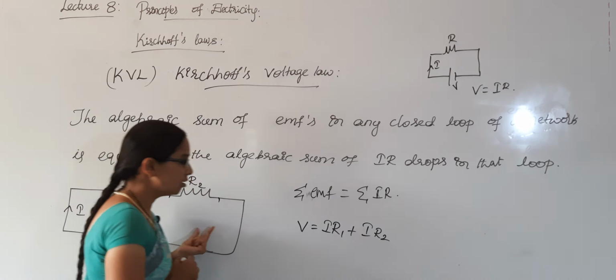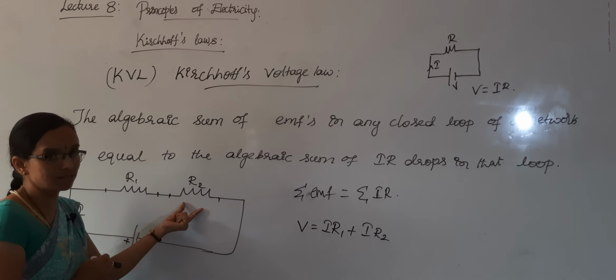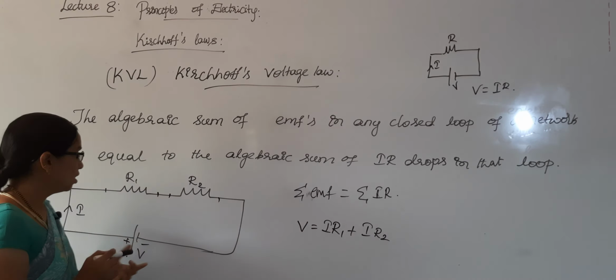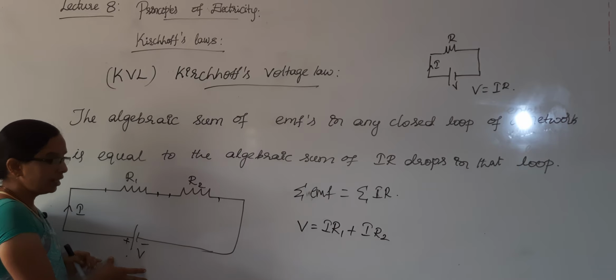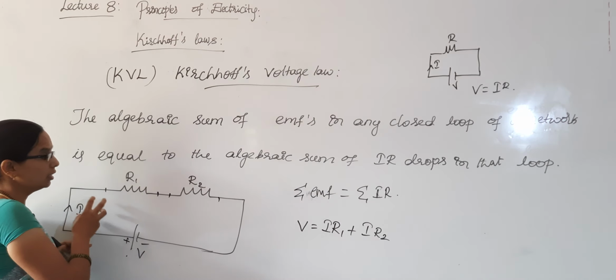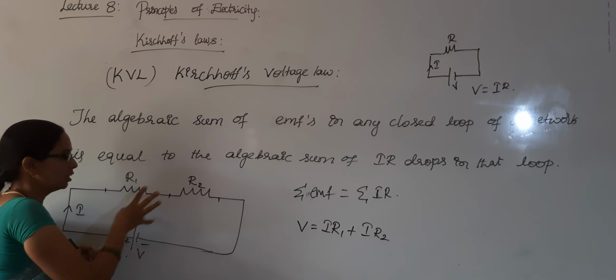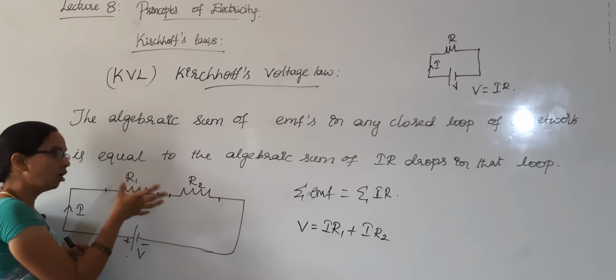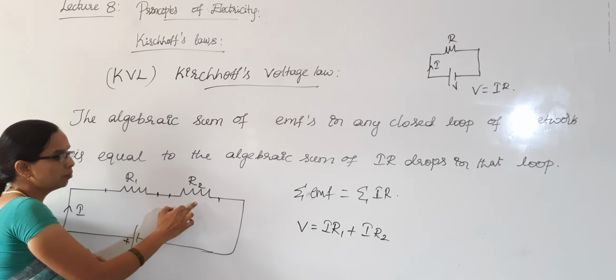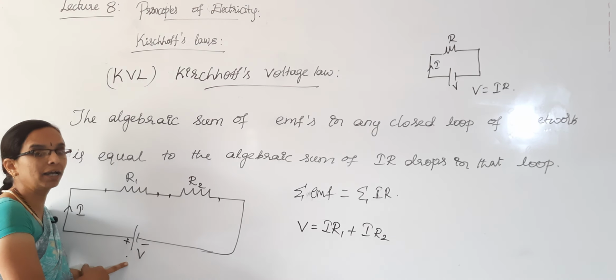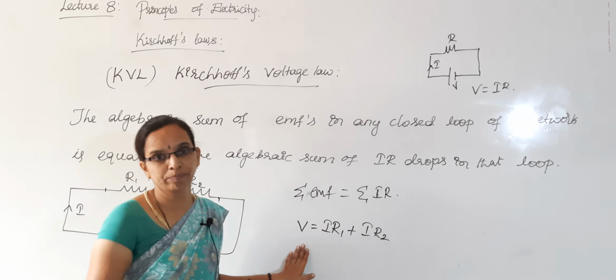Whereas in this circuit we have considered two resistors. That means whatever energy is supplied is completely equal to the voltage drop across this plus the voltage drop across this. That is IR drops, or voltage drop. IR1 plus IR2 is equal to the supplied voltage, that is V.